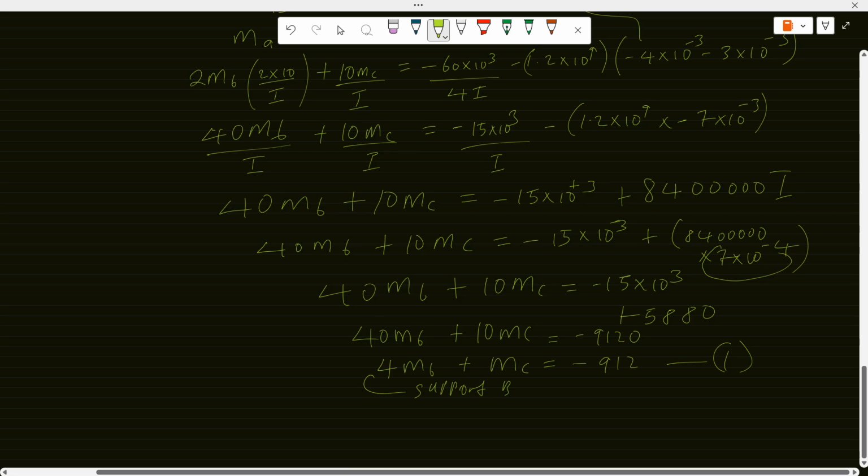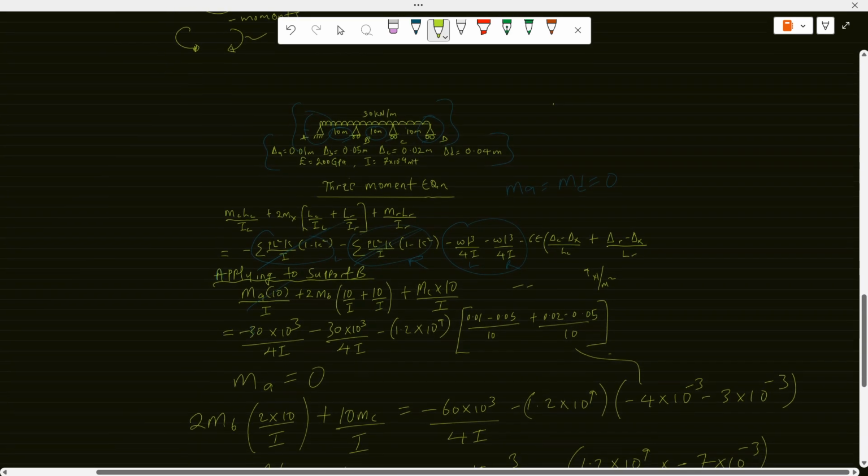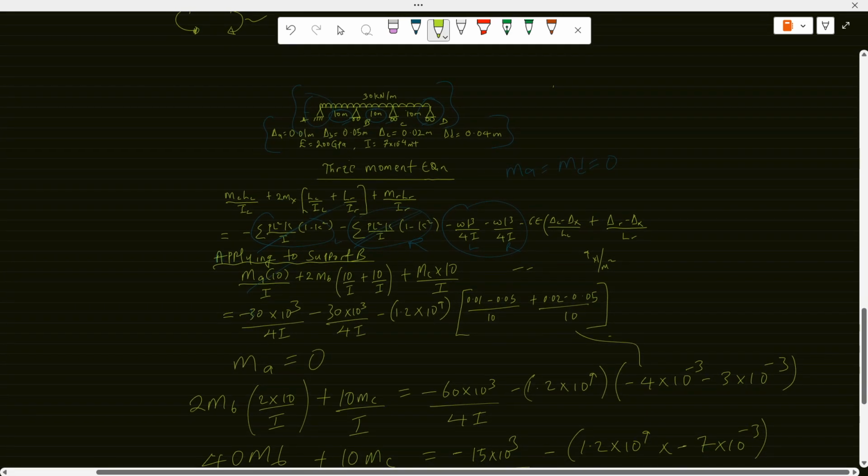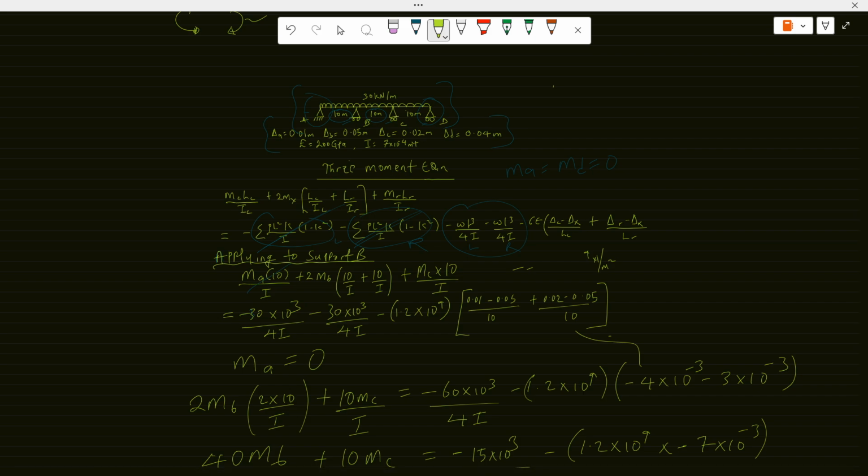So, back to the question. So now, we're applying the 3 moments equation to support C. It will now mean that if we're dealing specifically with support C, then support B and support D are the exterior supports.